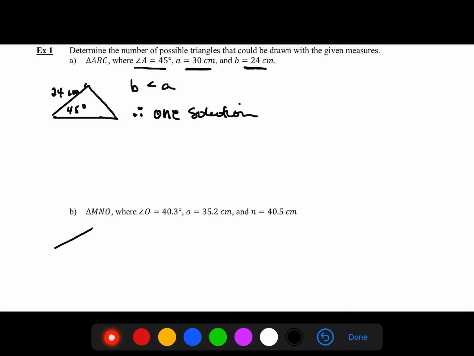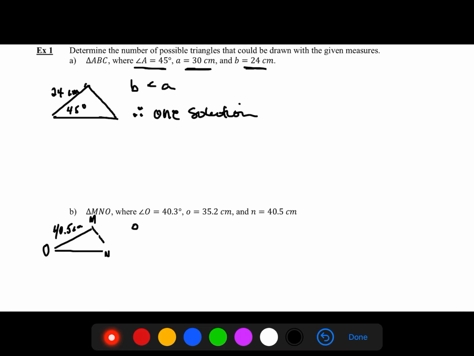In triangle MNO, still taking a look at drawing what information we have, we know that angle O is our given. We have side N, so we know that side N is 40.5 centimeters, and we know that O is 35.2 centimeters.